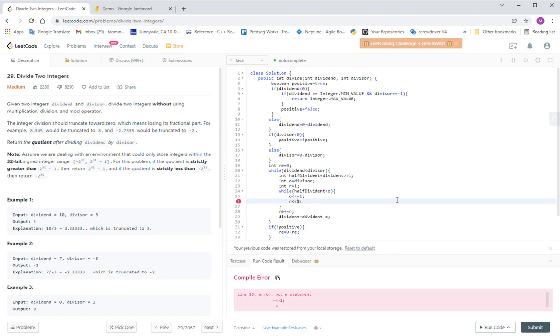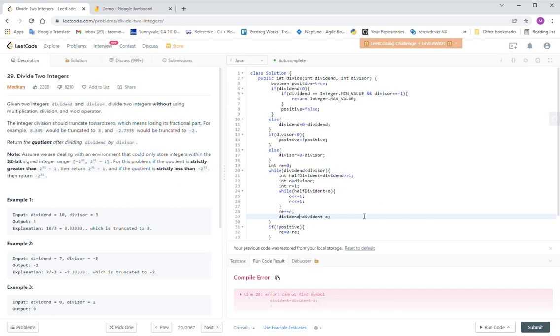Okay, this is how to calculate and try. Okay, what is this one? Error not find dividend. It's a typo.